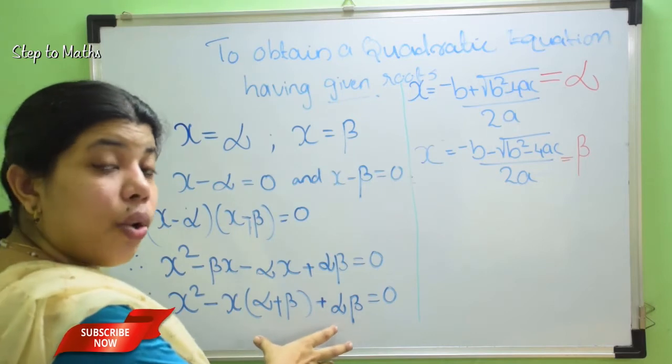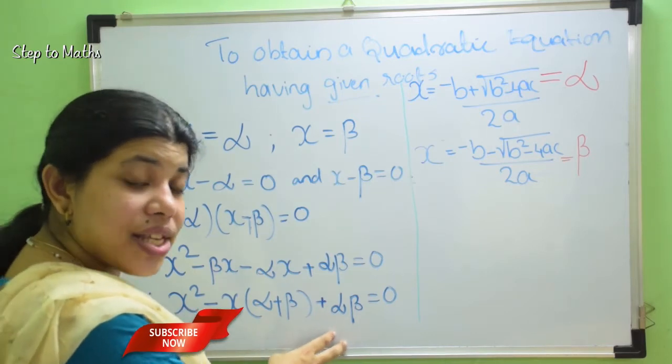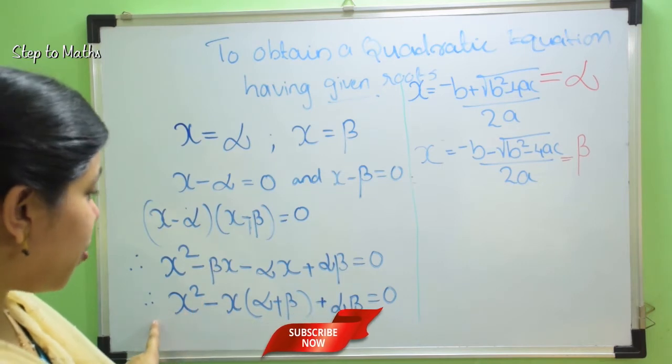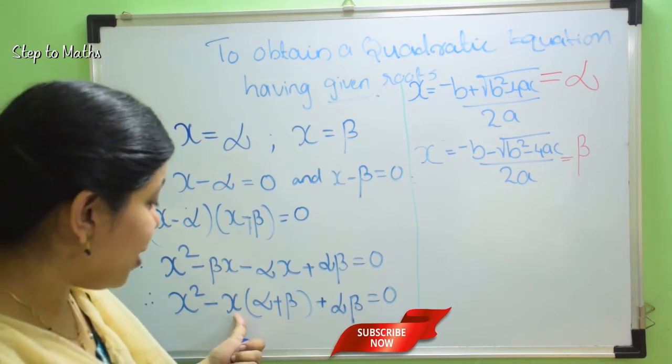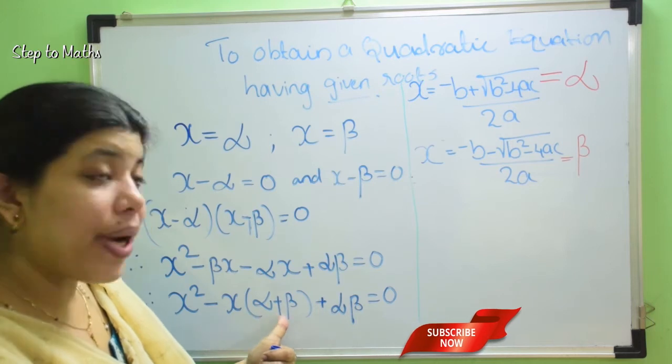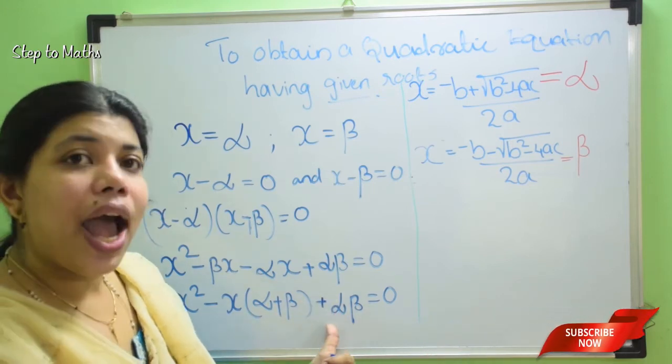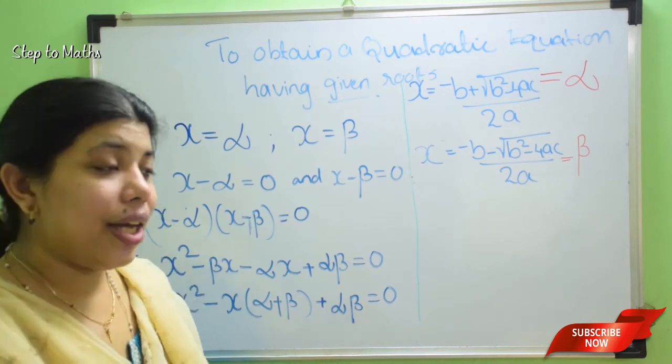This is a quadratic equation in x where the coefficient of x square is 1, the coefficient of x is alpha plus beta, and the constant part is alpha beta.